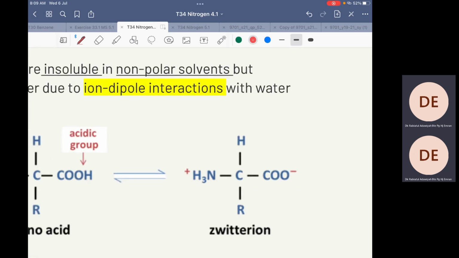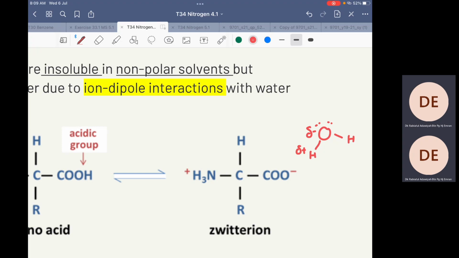For example, if I just draw water like this, we know that water has two lone pairs, and because of the electronegative oxygen, it develops a delta minus, and the hydrogen will become delta plus.